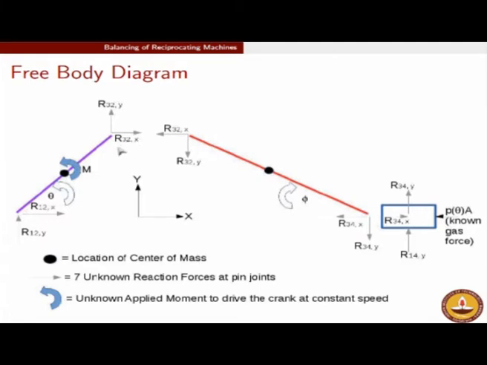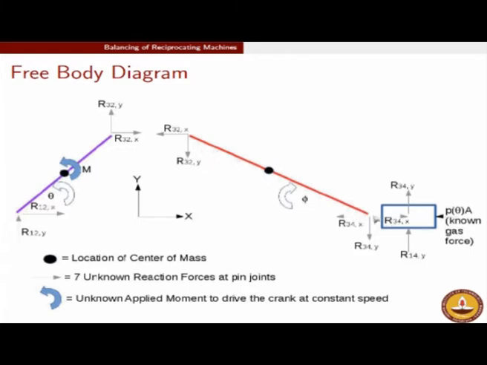Remember, R32 was defined as the force from the connecting rod to the crank. So as a reaction to that force, the connecting rod will receive an equal and opposite force. These are indicated by these arrows. So the action-reaction pair to this force is given by this, which is acting on the connecting rod.